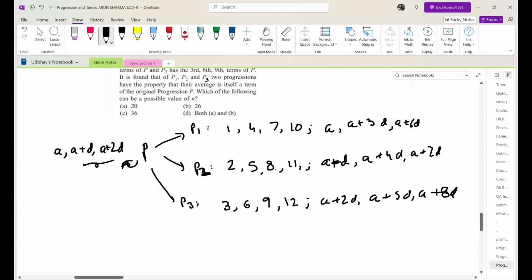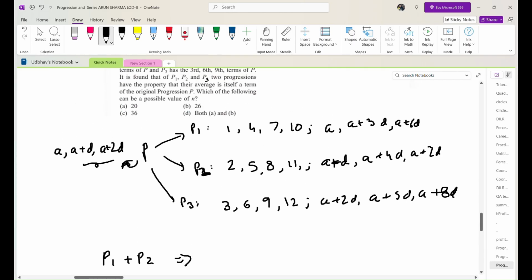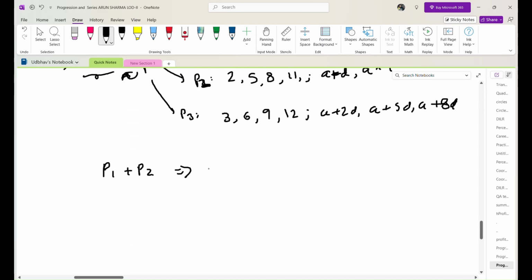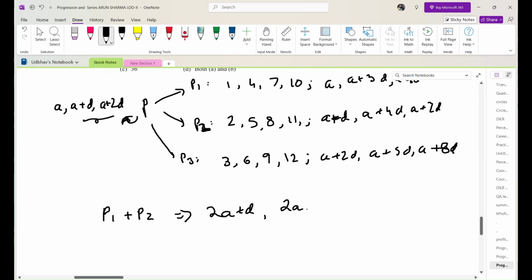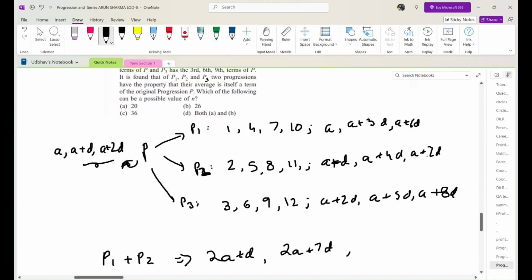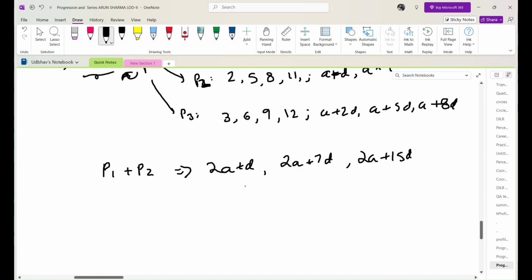Okay, so let's check P1 plus P2. P1 plus P2 will be, the first term 2A plus D, 2A plus 7D, 2A plus 13D.